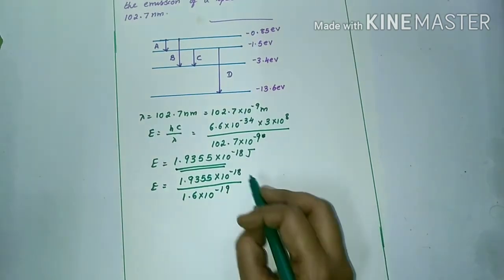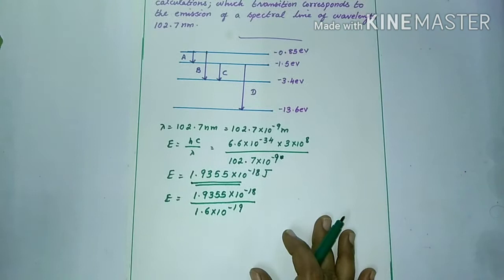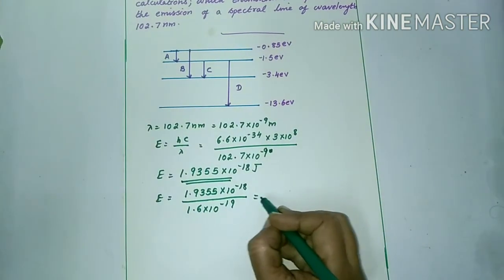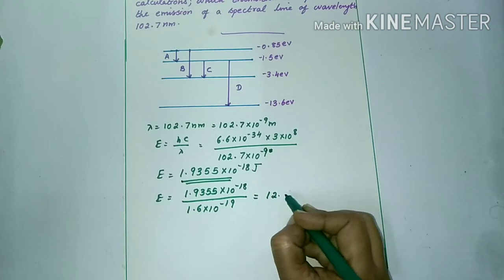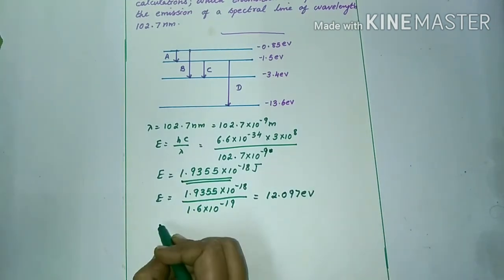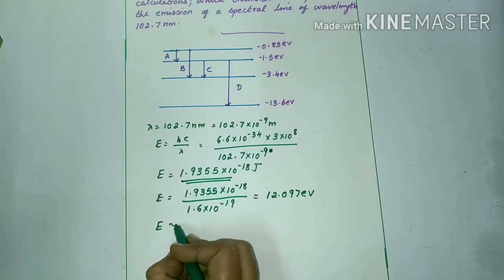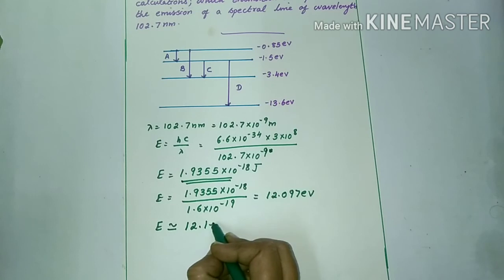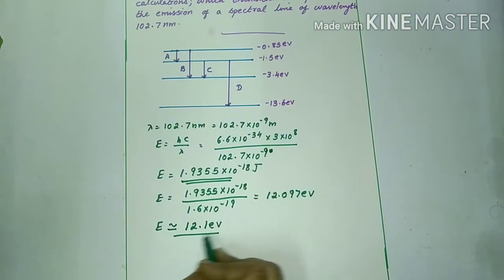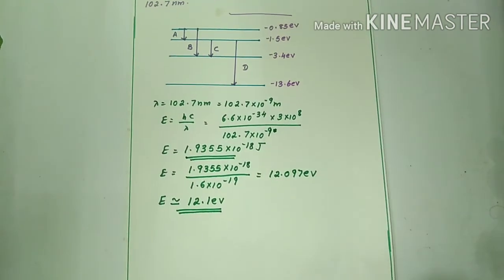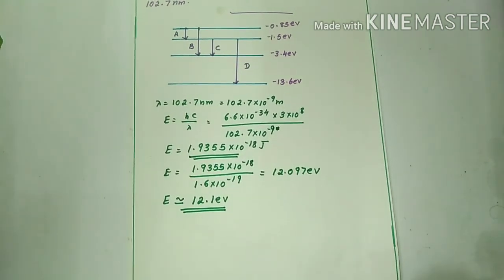You will get the answer in electron volt, that is equal to 12.097 electron volt, approximately 12.1 electron volt. So this is the energy for the spectral line of wavelength 102.7 nanometer.